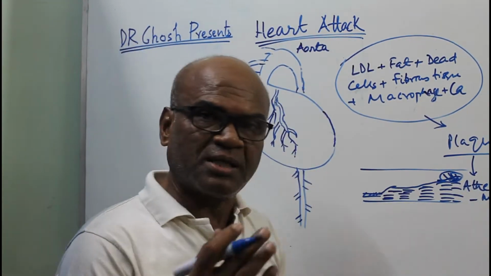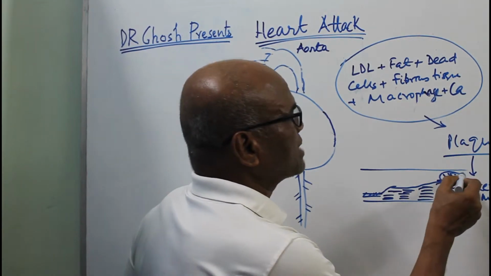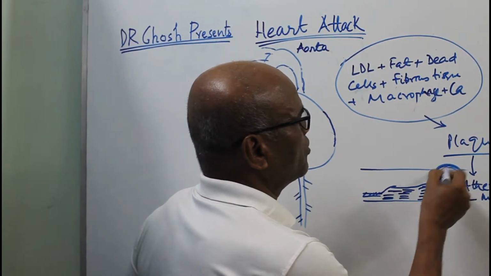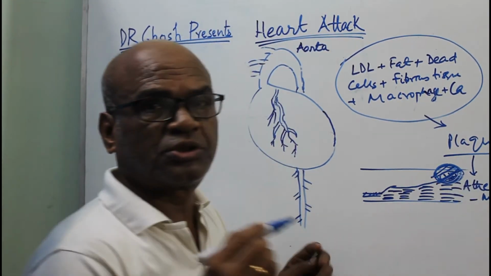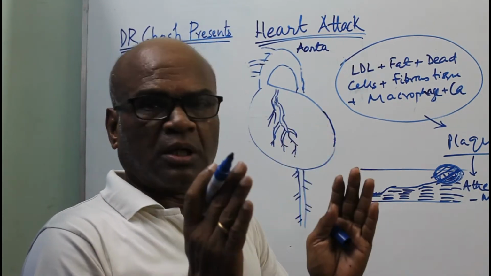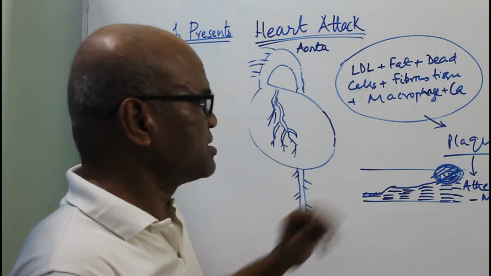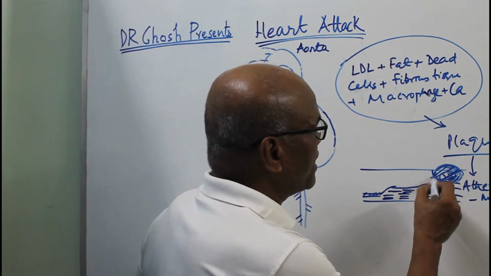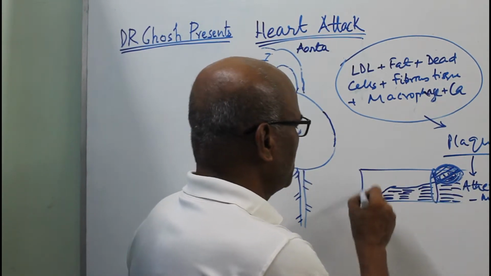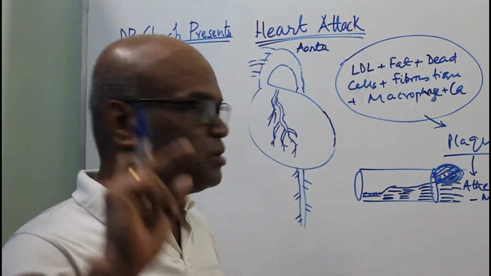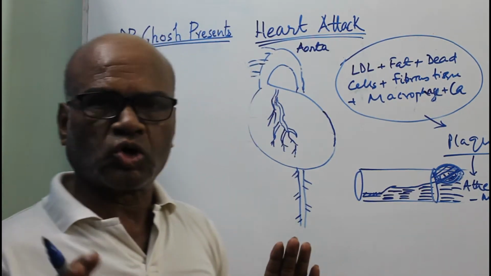The layer ruptures, and at once a blood clot forms here. Thrombosis, accumulation of blood, coagulation or clotting of blood happens, and the whole lumen space within the artery blocks.